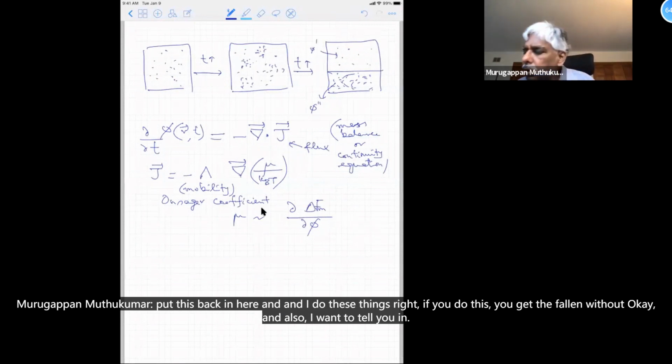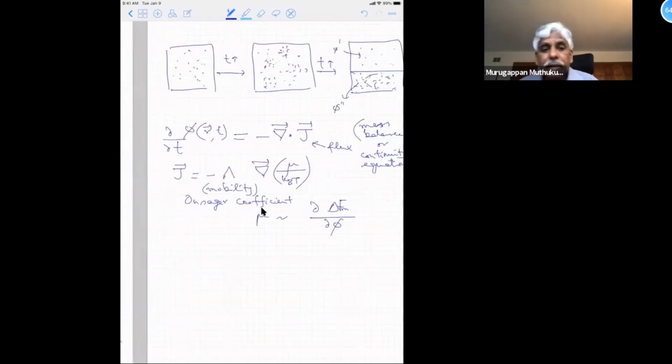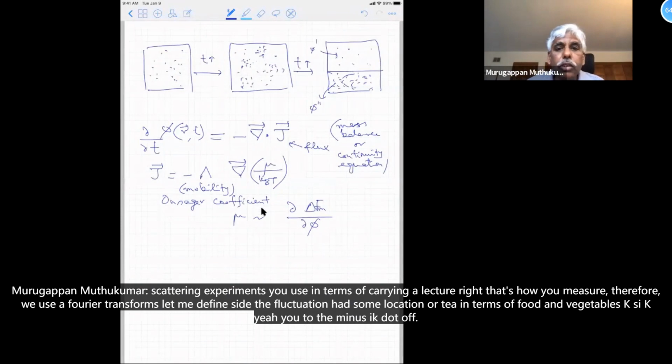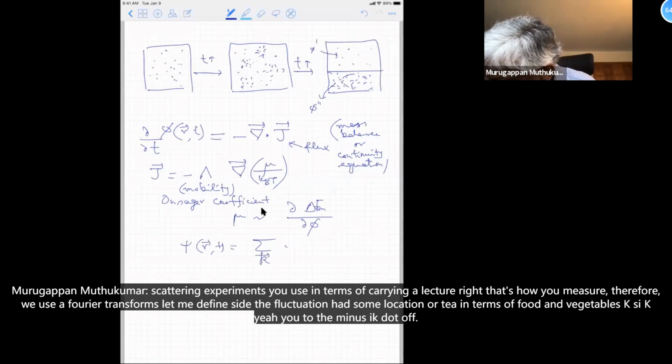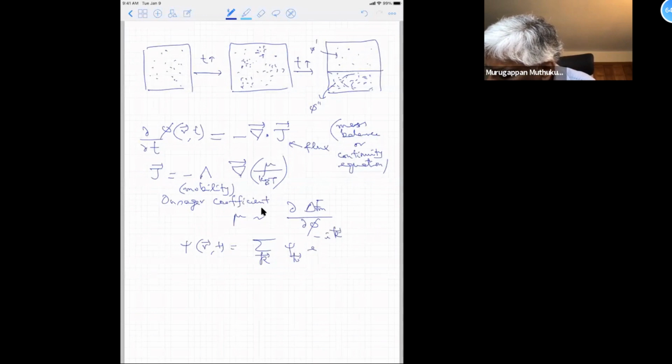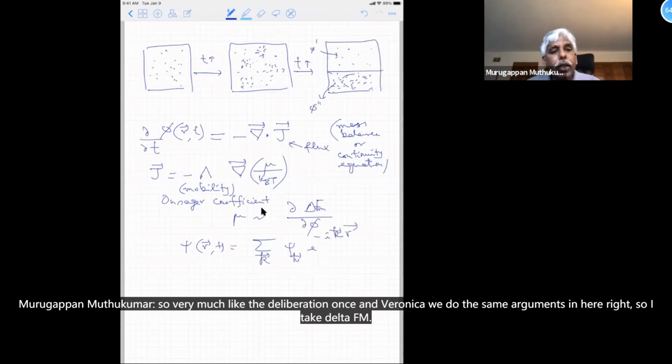And also I want to tell you, in scattering experiments you work in terms of the scattering wave vector, right? That's how you measure. Therefore, we use Fourier transforms. Let me define psi, the fluctuation at some location r,t, in terms of Fourier variables k, psi k, e to the minus ik dot r. So very much like the derivation in Onsager and Zernike, we make the same arguments here, right?